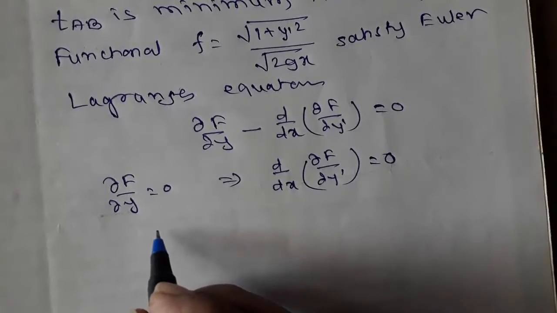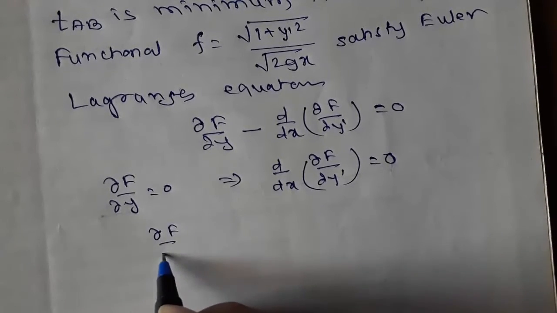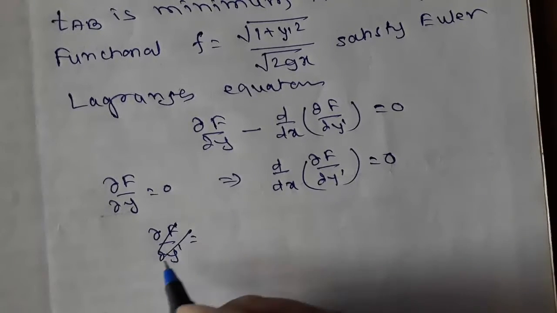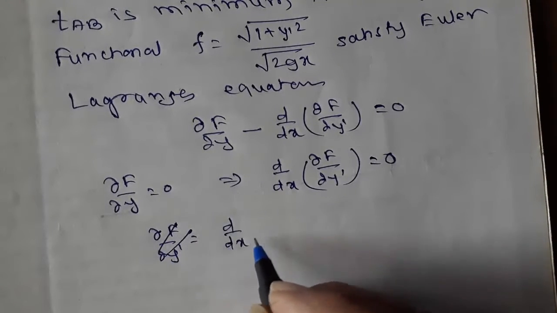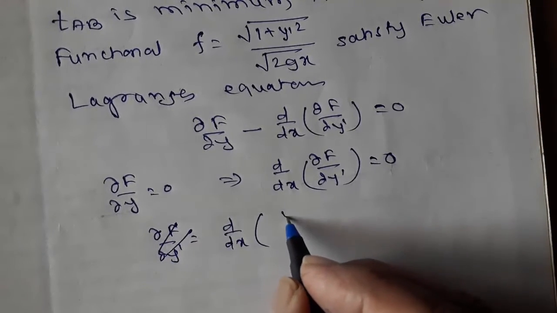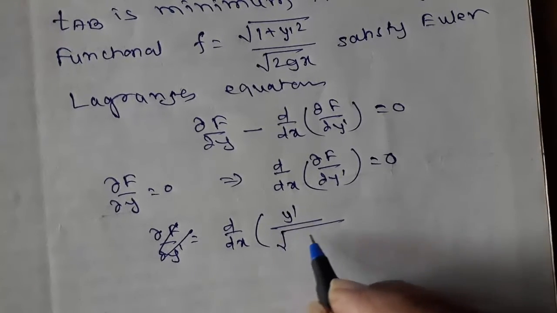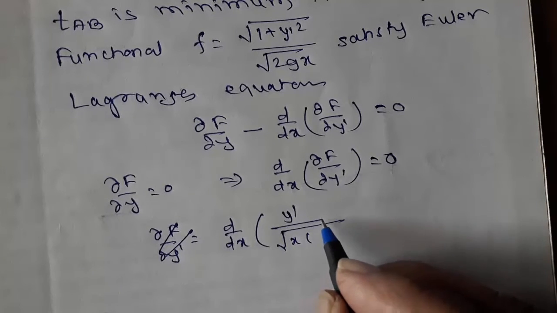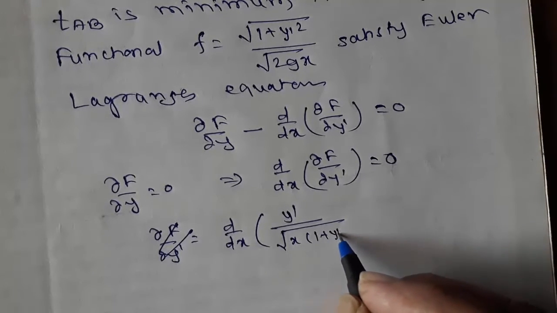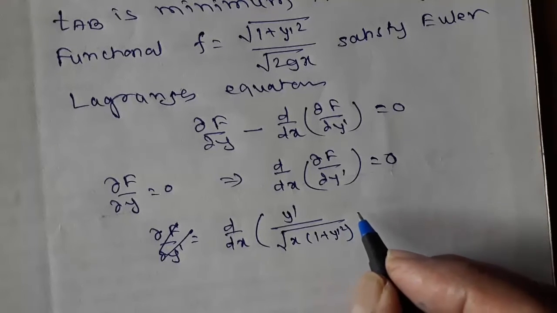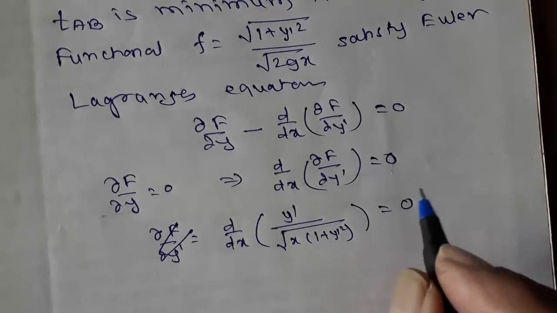But dou f by dou y dash is y dash divided by root of x into 1 plus y dash square. Therefore d by dx of this equals 0.